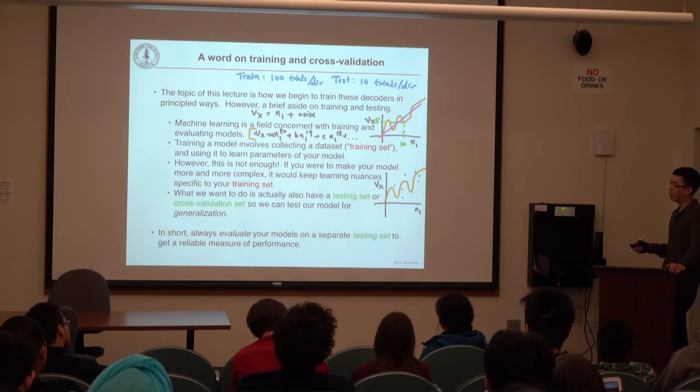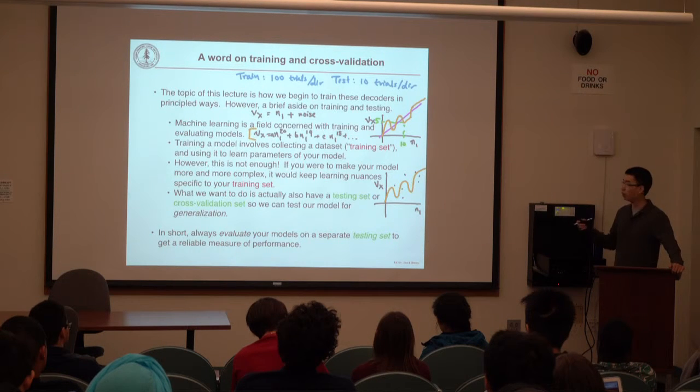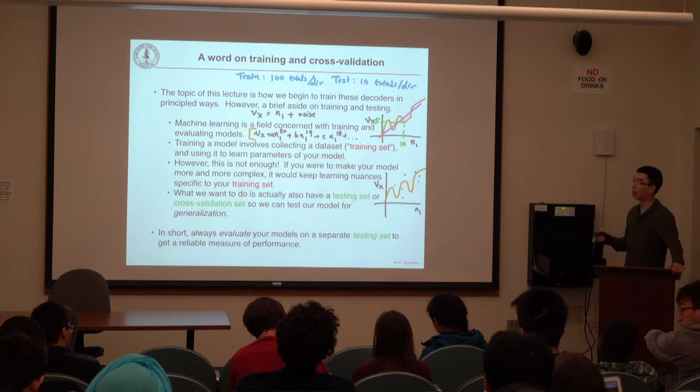By training on a training set and then evaluating on a testing set, we're making sure that our model generalizes to new data that it has not seen before. And this will prevent us from making really complicated, quote unquote, overfit models. That's the terminology in machine learning: you've overfit a model if you've made it far too complicated. Whereas in this scenario, the linear model, which the data were generated from, would do a lot better.